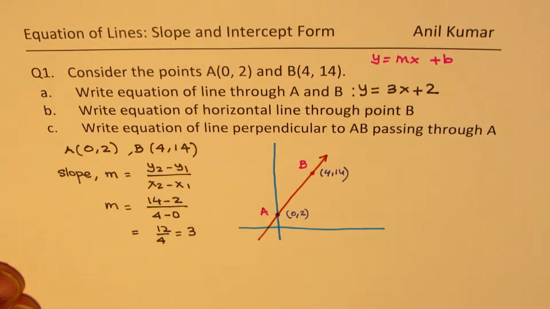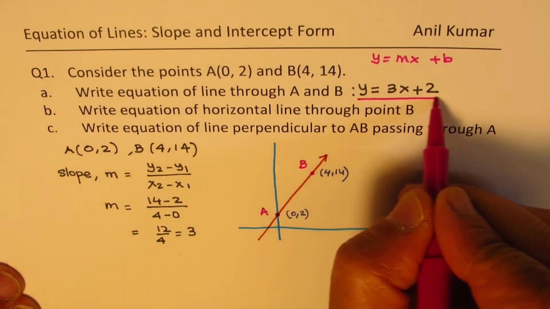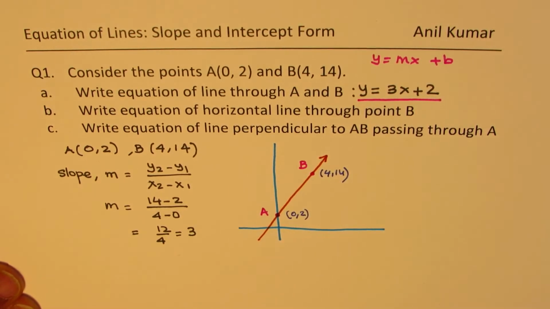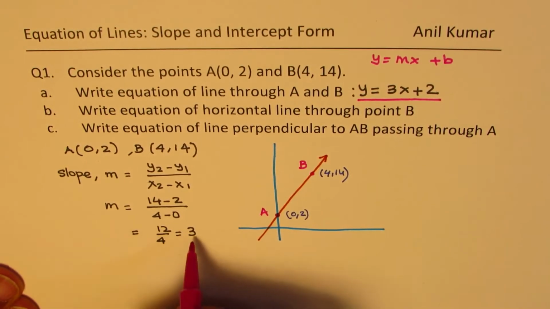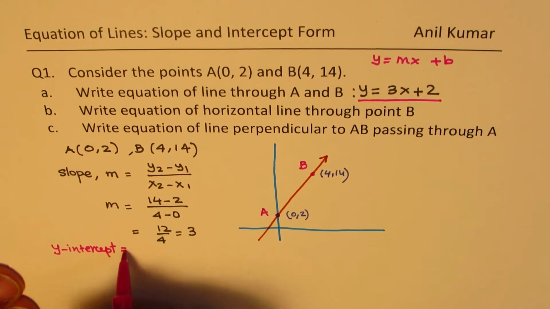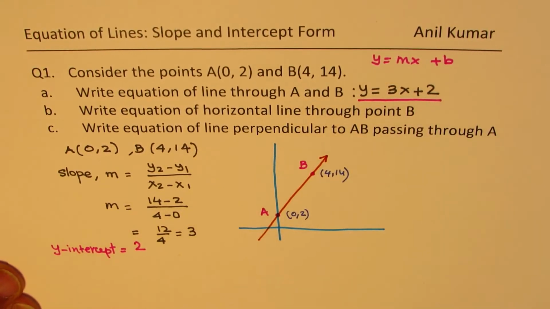Is that clear to you? So that becomes the equation of the line through the points A and B. Since the slope is 3 and the y-intercept b equals 2, we can write the equation directly.